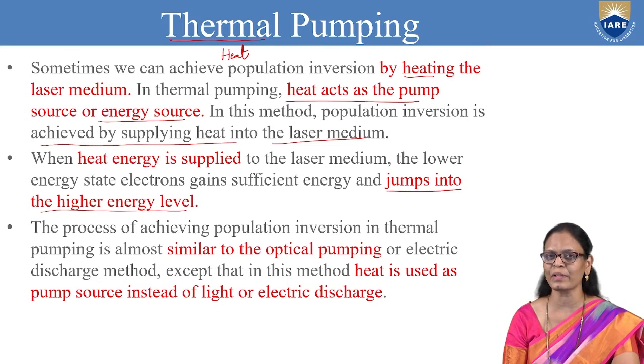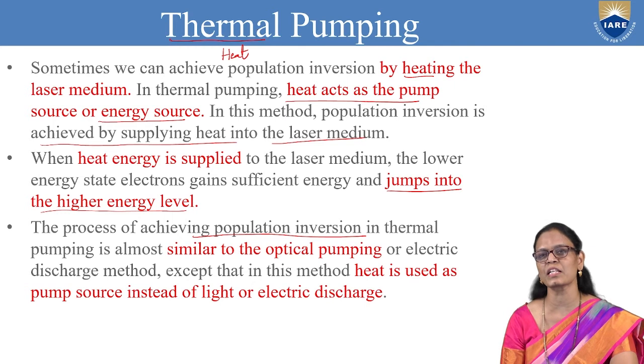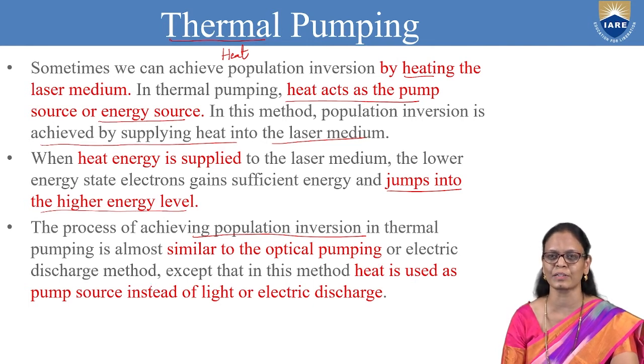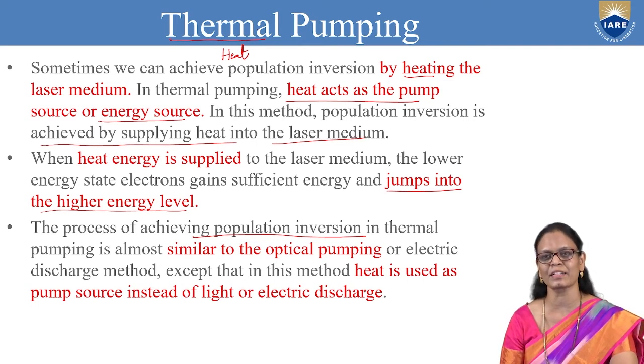By doing that, we get what we call population inversion. So the process of achieving population inversion in thermal pumping is similar to optical pumping or the electric discharge method, except that heat is used as the pump source instead of light or electric discharge.